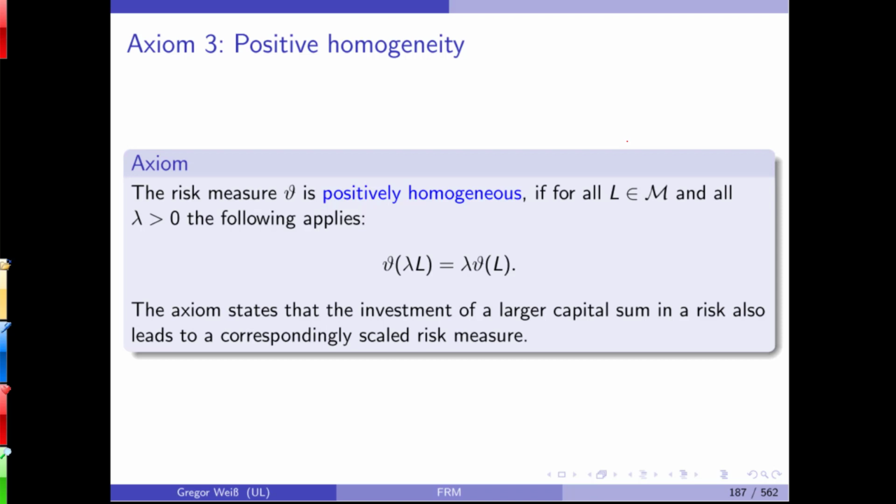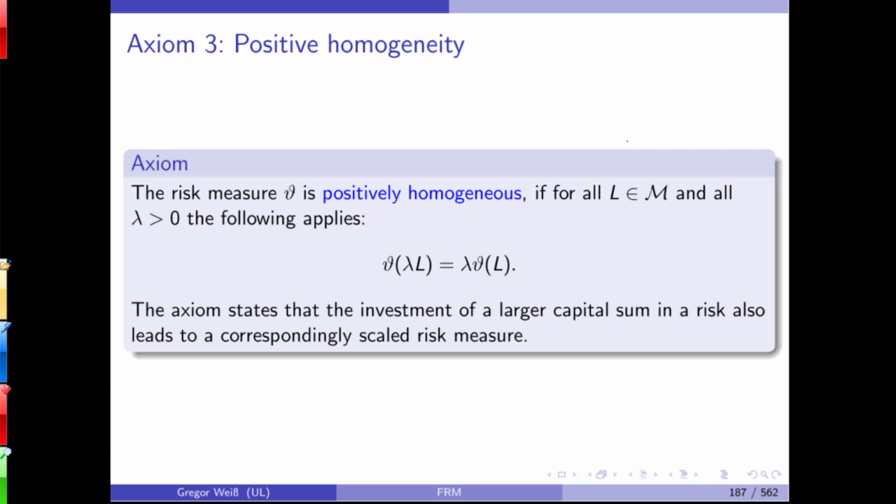The risk capital, let me just talk about this as risk capital, of lambda times the risk is lambda times the risk capital of the original risk. What does it mean? It means that it doesn't matter if you buy 1, 5 or 10 stocks. If you buy 10 stocks, you have 10 times the risk. If you buy 50 stocks, you have 50 times the risk. And you need 50 times the risk capital.